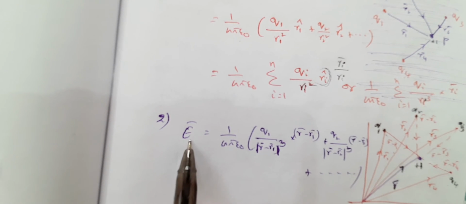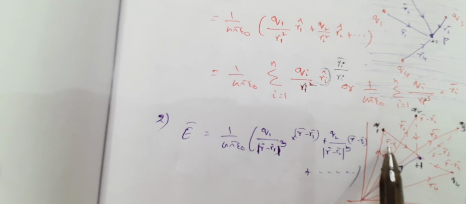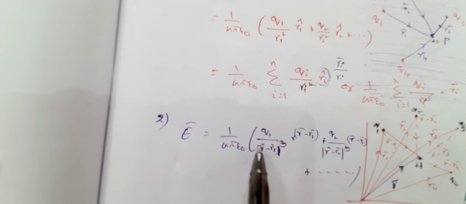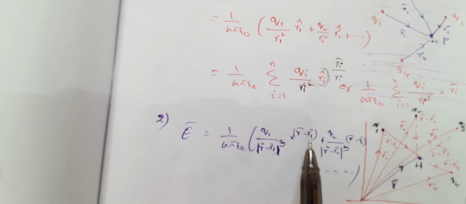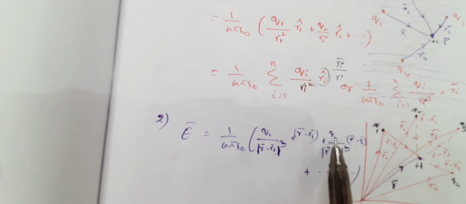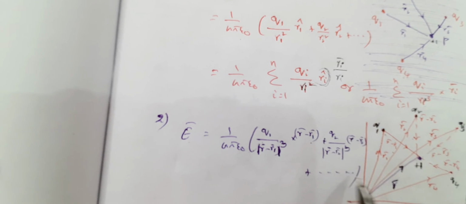Therefore E bar is equal to 1 by 4 pi epsilon naught times Q1 by modulus of R bar minus R1 bar whole cube into R bar minus R1 bar, plus Q2 by modulus of R bar minus R2 bar whole cube into R bar minus R2 bar, plus so on.